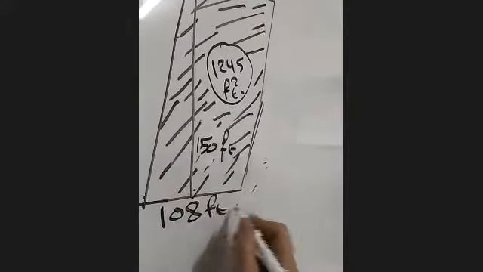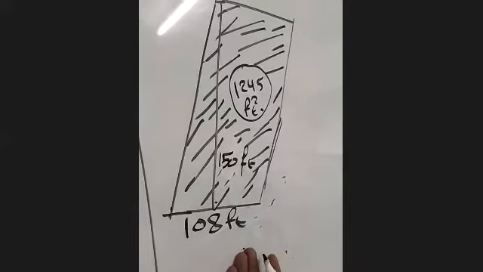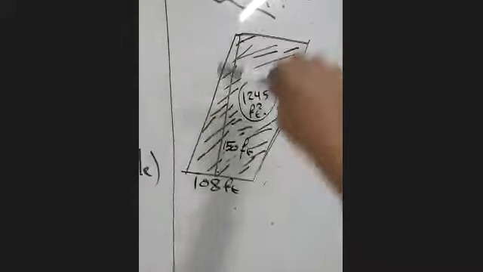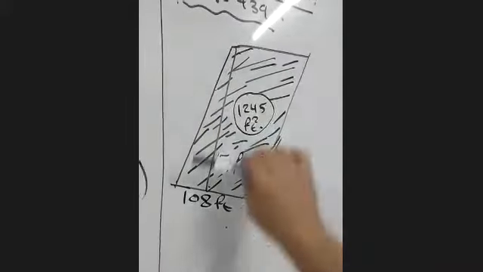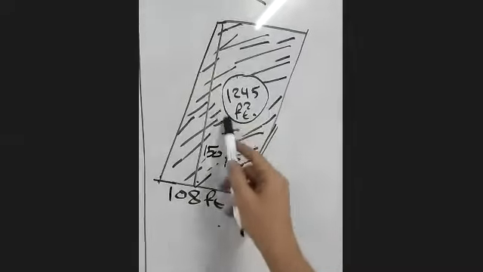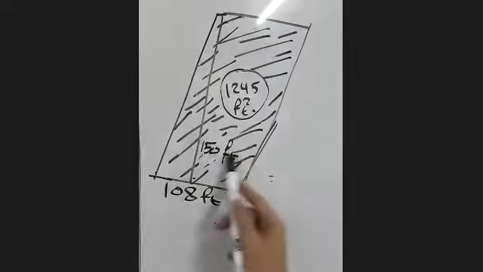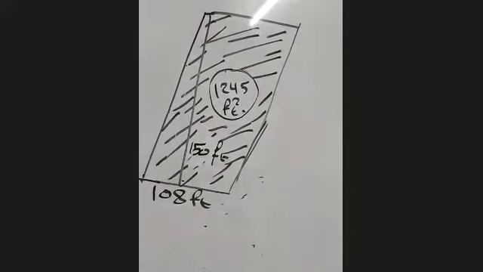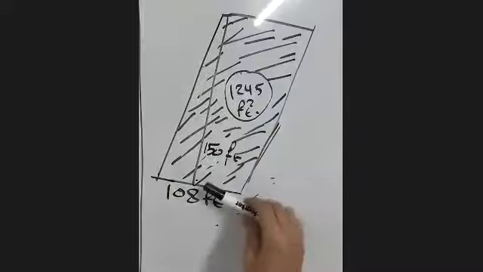So until now, we have the garden, let's say, and inside it we have a lake, a pond, water, and around the water they want to make grass. And here given the height, given the base.